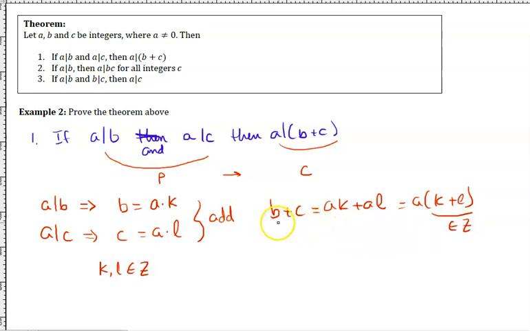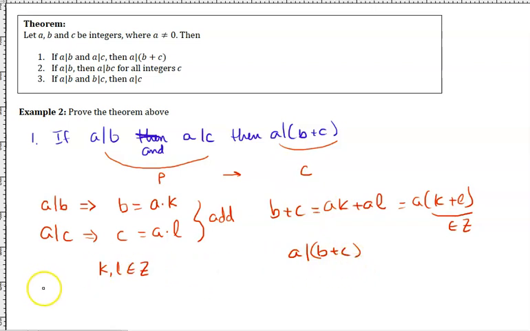Because I can write b plus c as a times an integer, by the definition of divides, a divides b plus c. Sometimes you put the parentheses, sometimes not. If you have the divide symbol, it implies that it divides into the whole expression, but if you want to make it clear, do put parentheses.